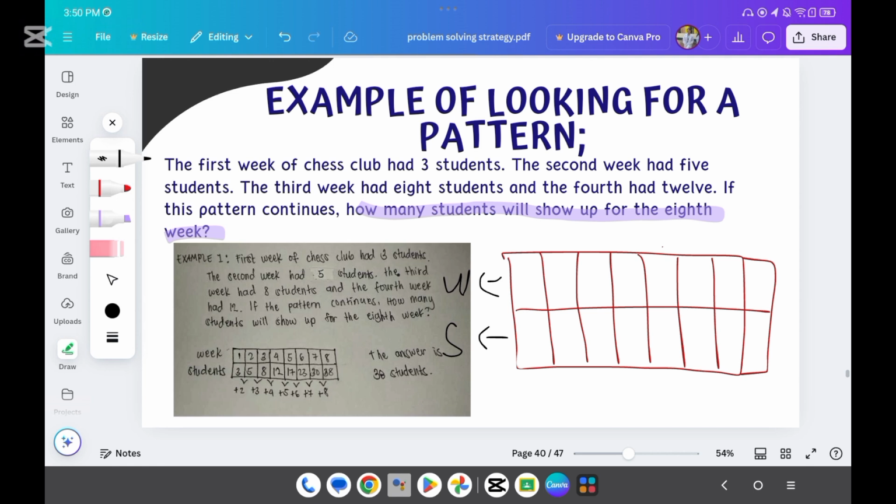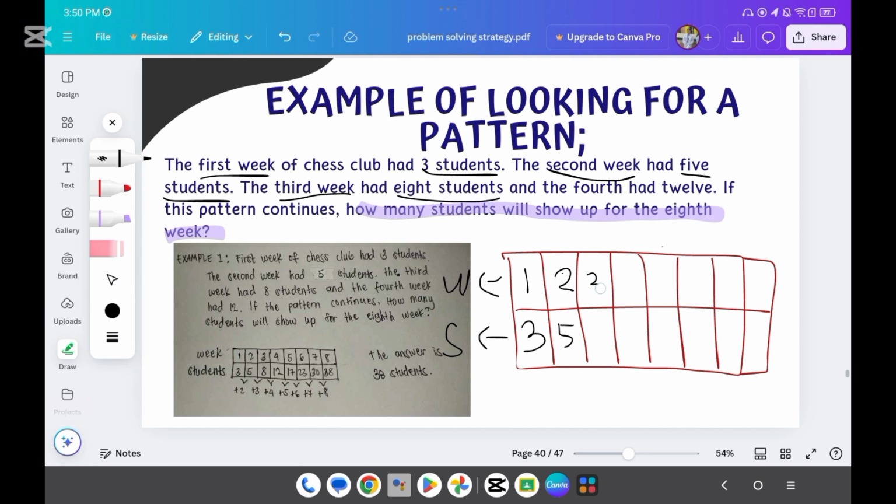Simulan na natin. So the first week of the chess club had 3 students. So first and 3 students. The second week had 5 students. The third week had 8 students.